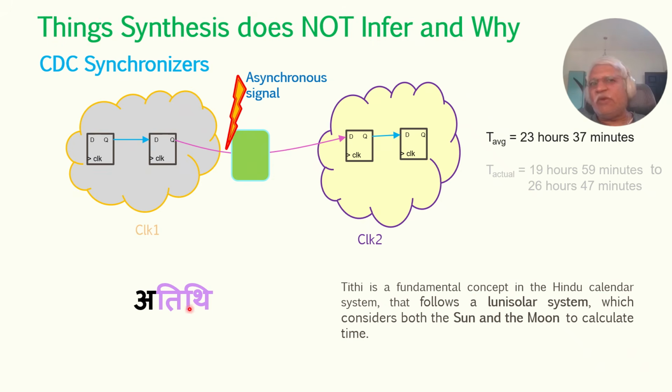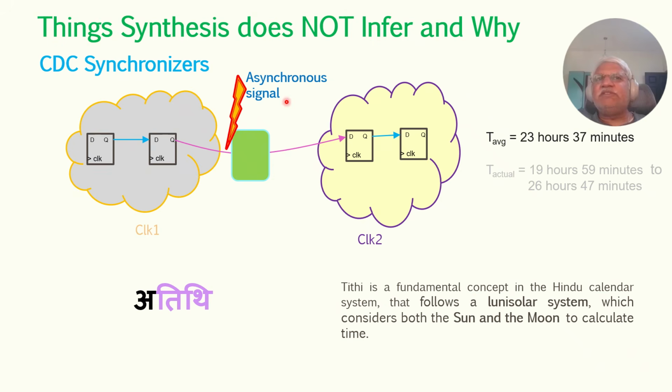So that means we can see why this concept is related to an asynchronous signal. Usually in the olden days, people were not coming to the home at a specific time. Since they were not following a specific tithi, those who do not follow tithi are called atithi.